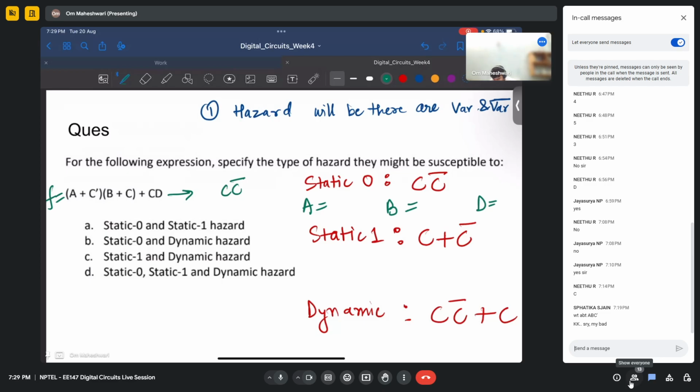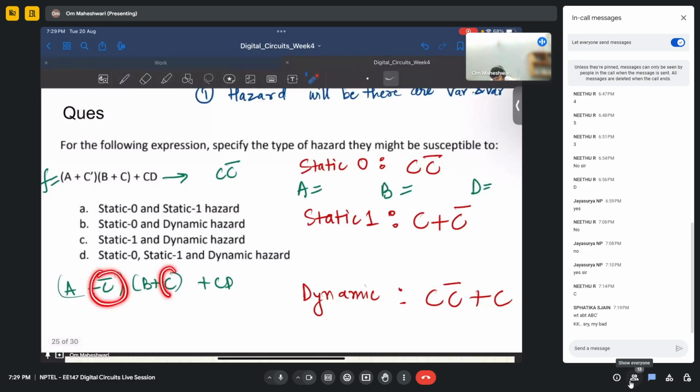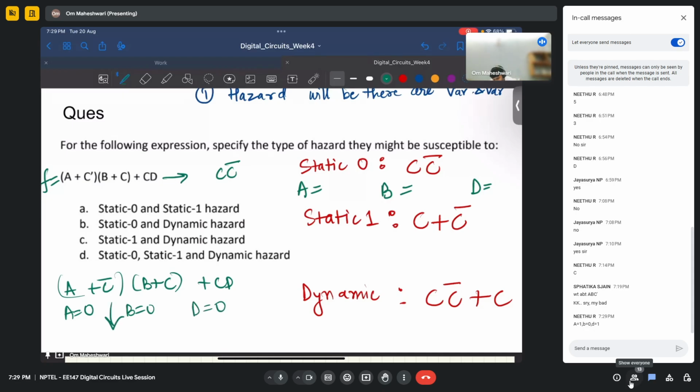It's simple, right? A plus C bar, B plus C plus CD. You want to multiply these two. So if you just take A equal to 0, B equal to 0, D equal to 0, this expression will reduce to 0 plus C bar, 0 plus C plus 0, just C bar.